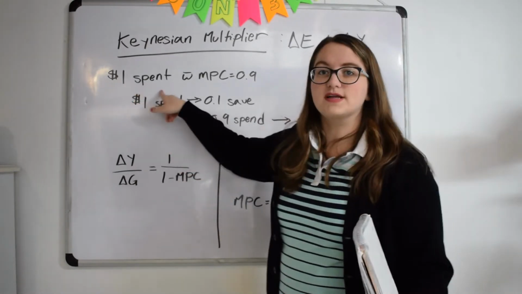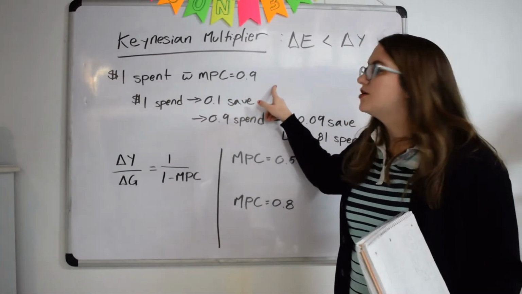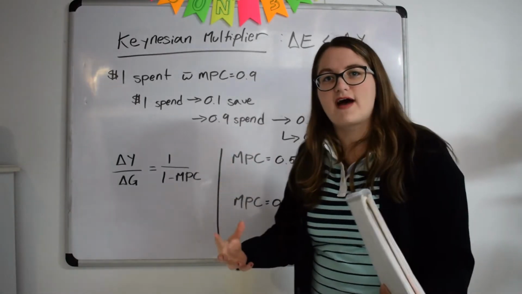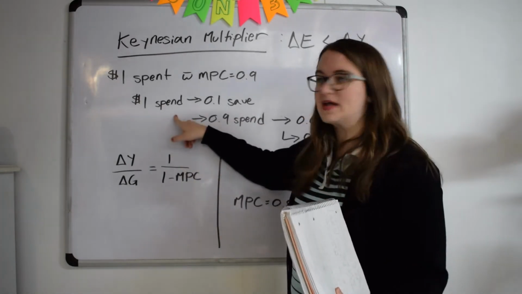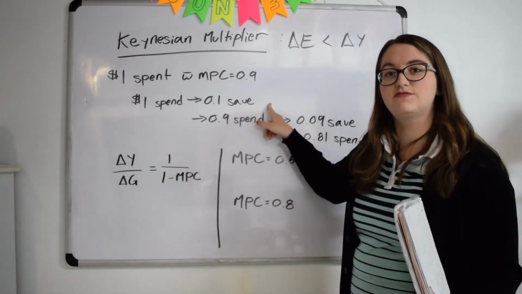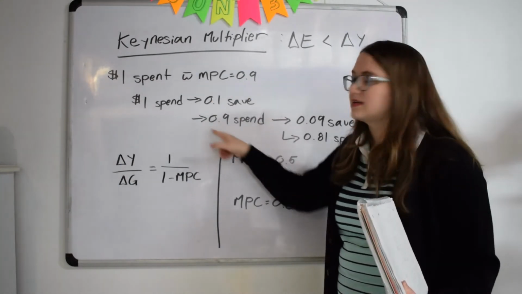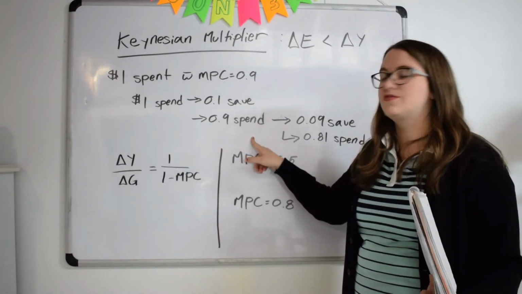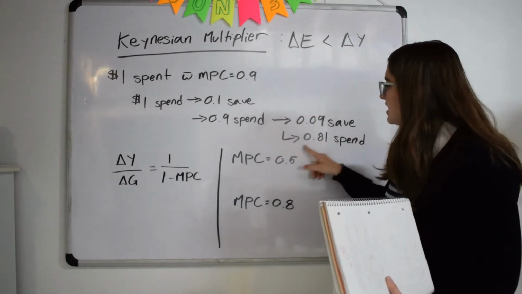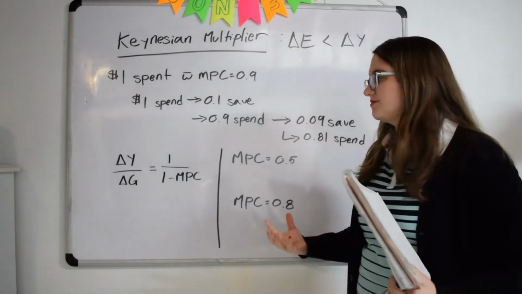So $1 spent with a marginal propensity to consume of 0.9 creates this rolling down a hill effect. $1 spent will lead to 10 cents saved and 90 cents spent. The second person then has 9 cents saved and then 81 cents spent. And it goes on until infinity.